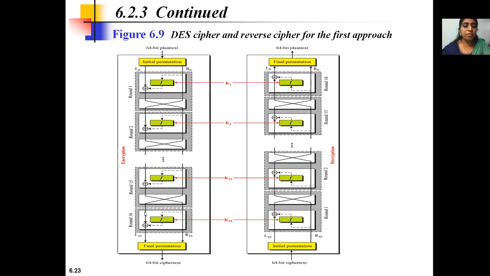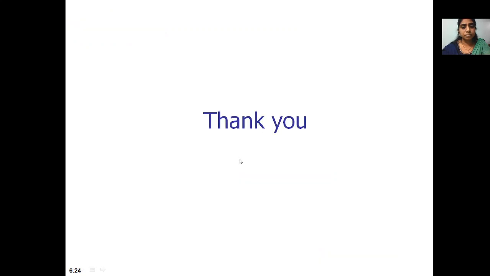Like that we do 16 rounds. Then at the end we do the final permutation and we get the ciphertext. And this is the reverse process, and we get the plain text. Thank you.